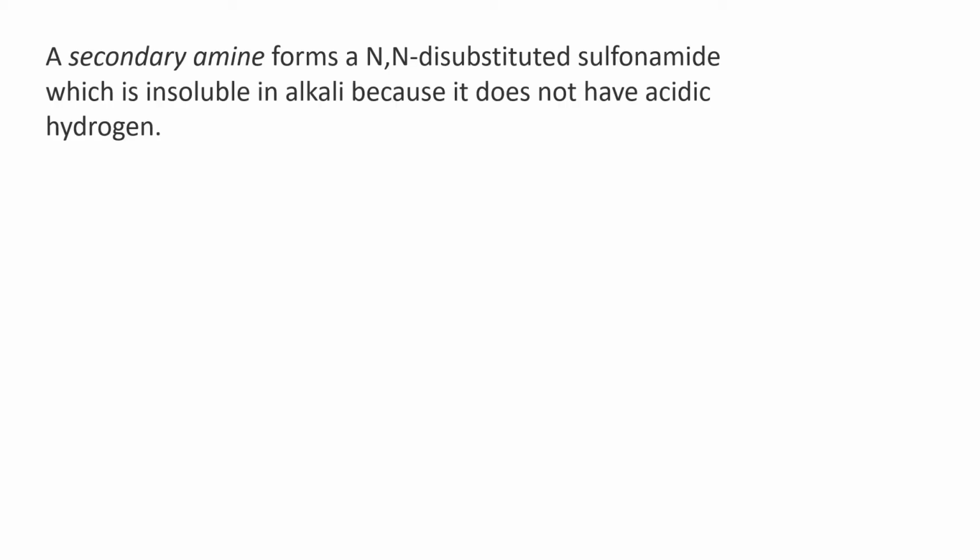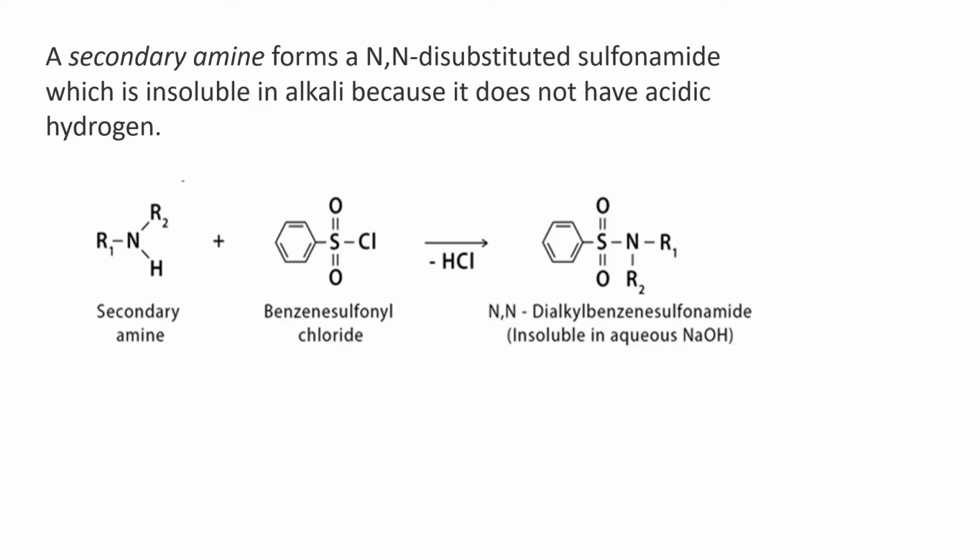Now let us see how a secondary amine reacts with this Hinsberg reagent. So we have a secondary amine where it has two substituent groups linked to the nitrogen atom. It reacts with the benzene sulfonyl chloride or Hinsberg reagent. As usual, because it has a replaceable hydrogen atom present in this amine, it is removed along with the chloride of the benzene sulfonyl chloride and removed as HCl.